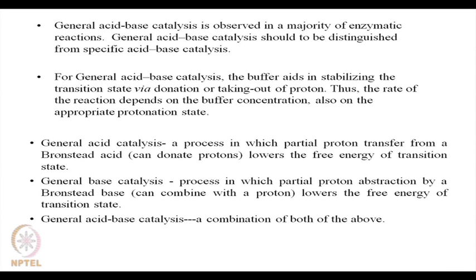And for a general acid base catalysis, a combination of both can also happen. It is a general acid catalysis and it is a base catalysis. So, for general acid base catalysis, both of these two can happen.